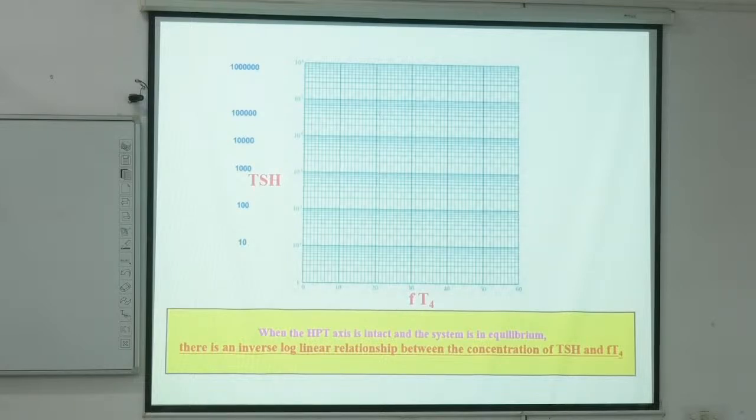But this is a semi-log paper, where this axis is linear and this axis is logarithmic. So this is 10, 100, 1000, 10,000, 1 lakh, 10 lakhs. So FT4 has an inverse log-linear relationship with TSH.